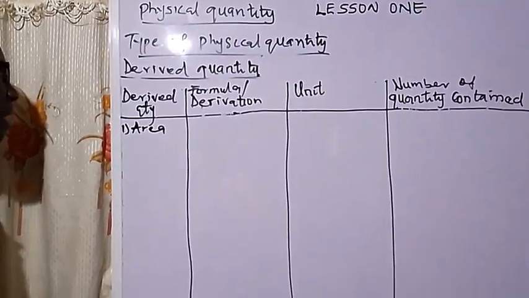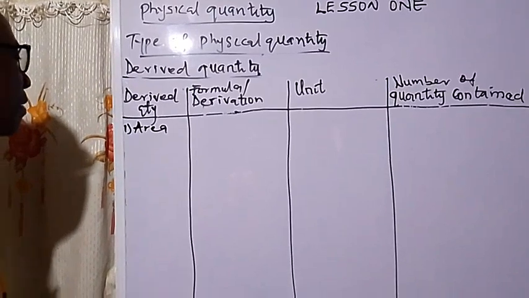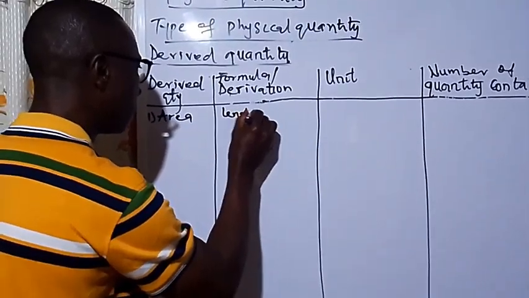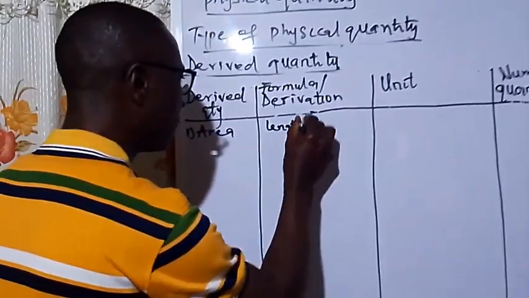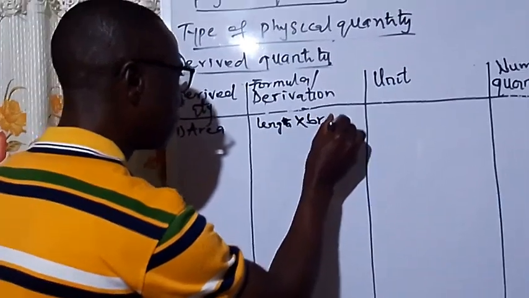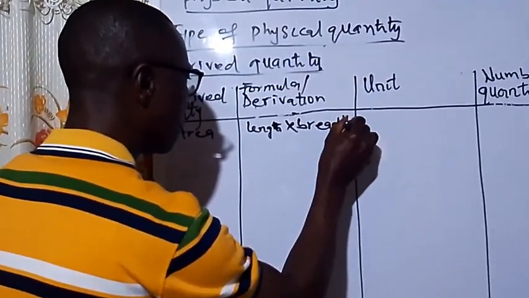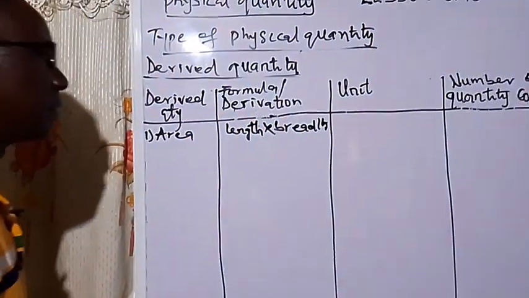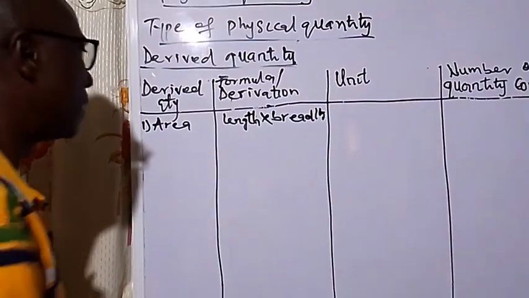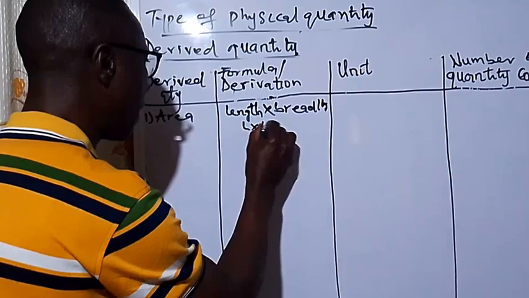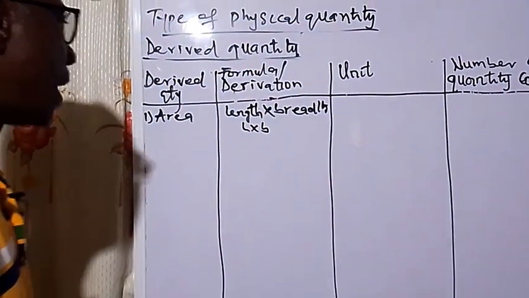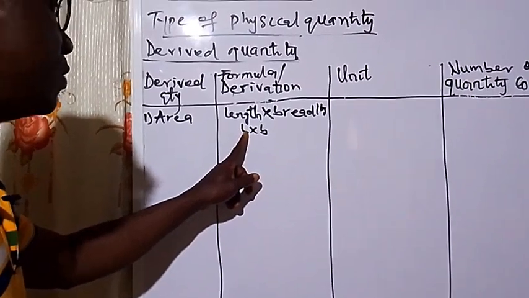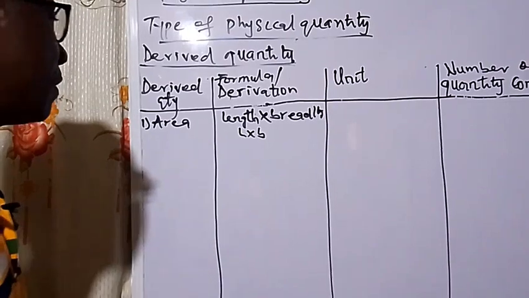Area. In mathematics, the area of a rectangle is length multiplied by breadth, that is L multiplied by B. The unit of length is already known, which is meter.